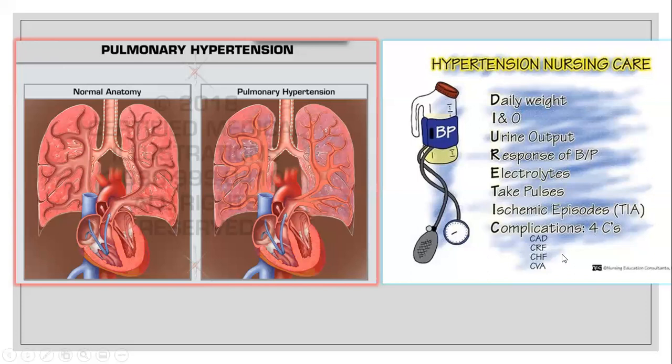or other complications. So when a patient is admitted with hypertension, as nursing care, the primary nursing responsibilities for long-term management of hypertension are to assist the patient to reduce blood pressure and comply with the treatment plan.